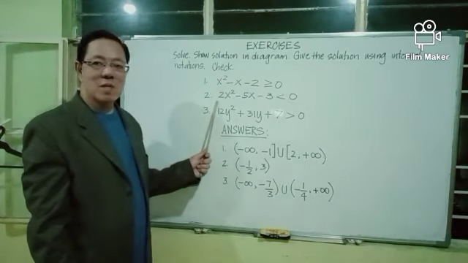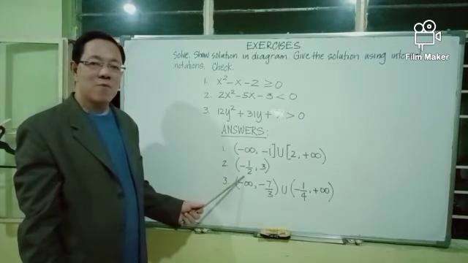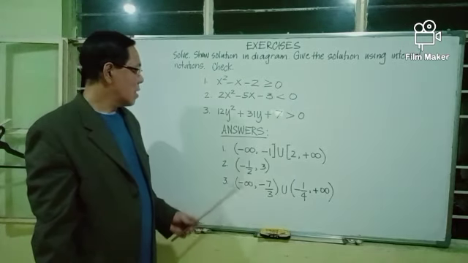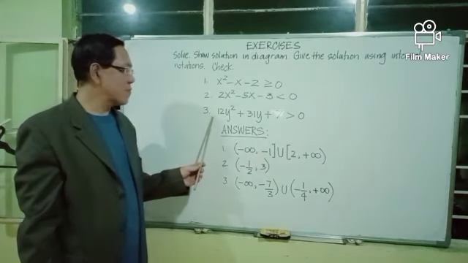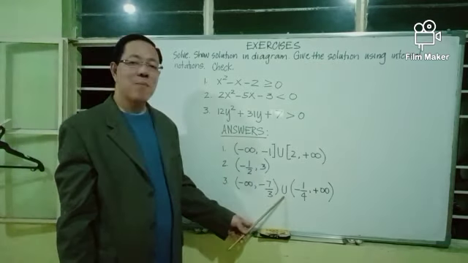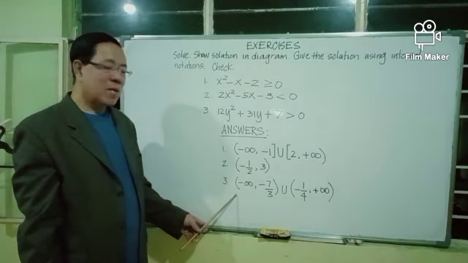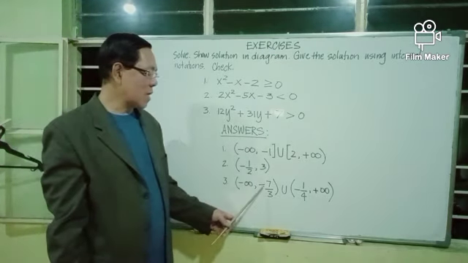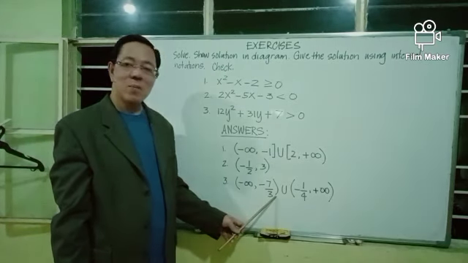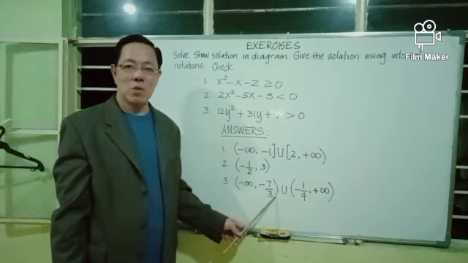The solution of this quadratic inequality number 2 is the open interval from negative 1/2 to positive 3. And the solution of the third quadratic inequality is the union of these two open intervals. The open interval negative infinity to negative 7/3, where negative 7/3, as indicated by this closed parenthesis, is not part of the solution.